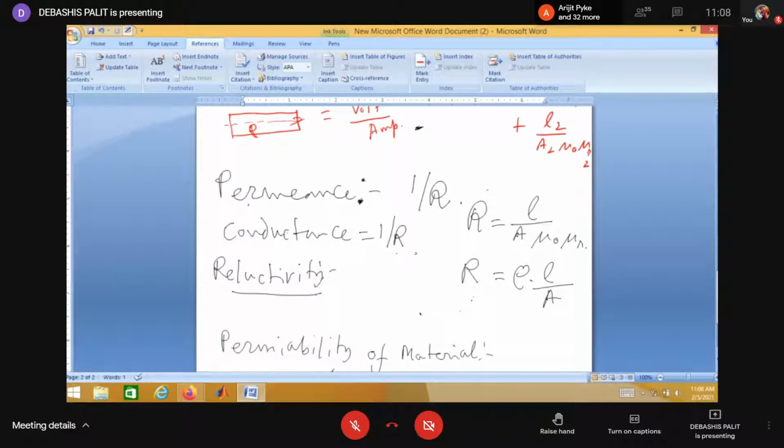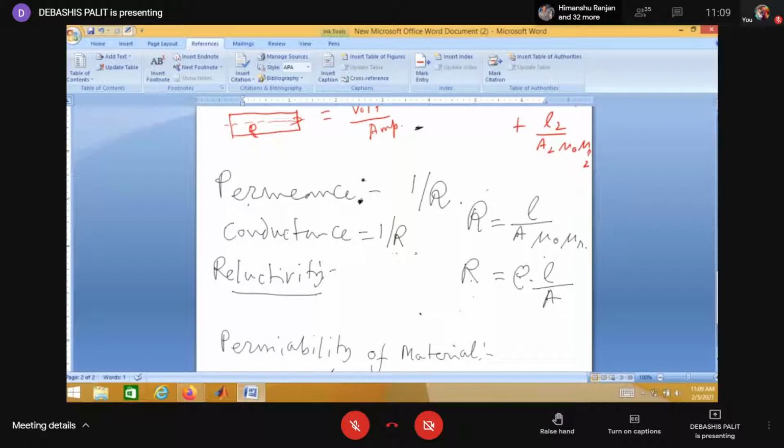You can say that. So if the resistivity is more, then resistance is more, and if the reluctivity is more, meaning 1 by mu 0 mu r is more, then reluctance is more. The resistivity is directly proportional to the resistance. But permeability is mostly used to define a magnetic circuit.